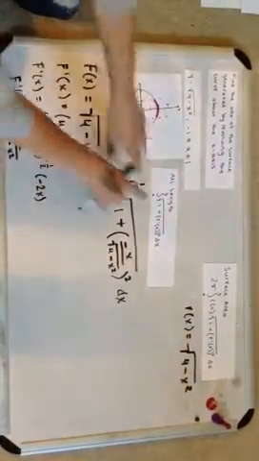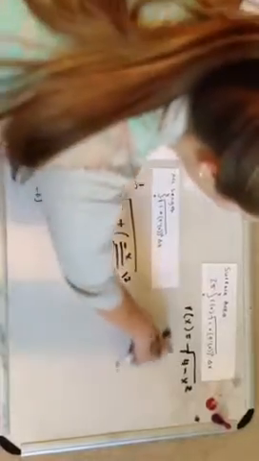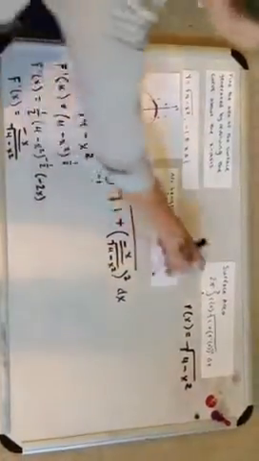And so we have our arc length formula right here, and we have our r of x formula, so the only thing we need to do is plug it in.